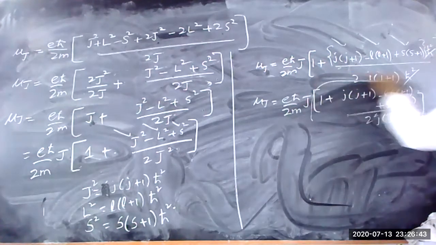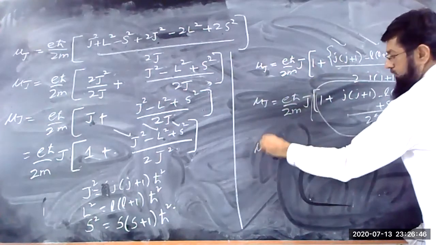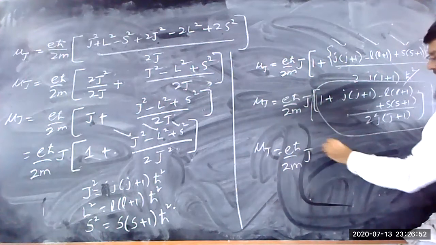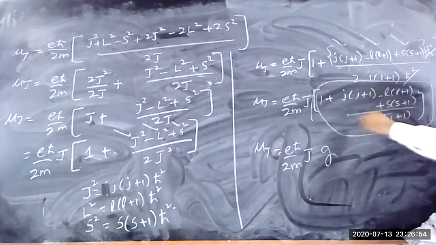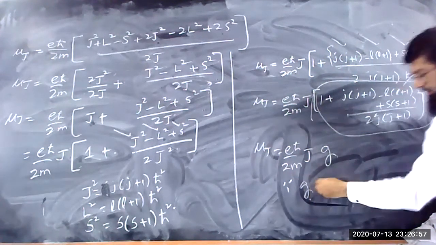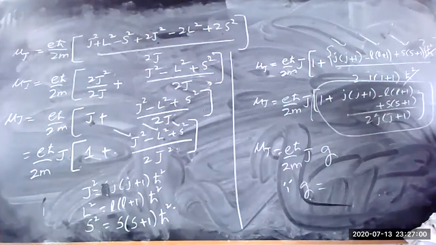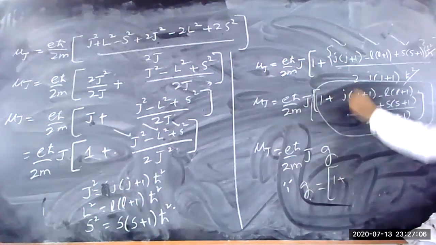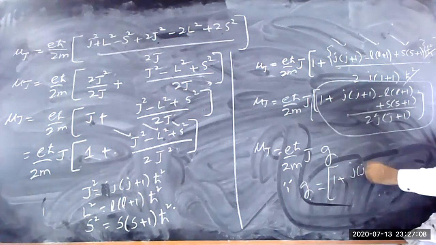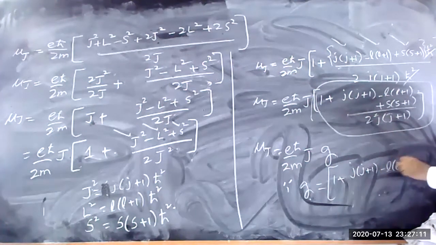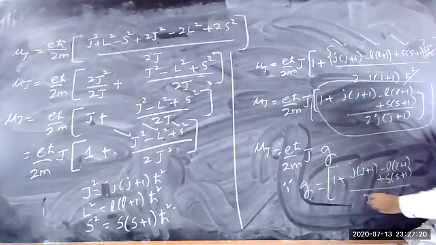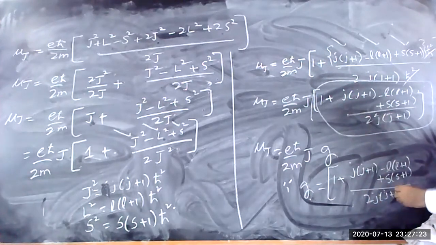This whole factor is known as the G factor. Therefore, mu of j is equal to e h cut over 2m j into G. This G factor, which is the total magnetic moment, is equal to 1 plus j into j plus 1 minus L into L plus 1 plus S into S plus 1, upon 2 j into j plus 1.